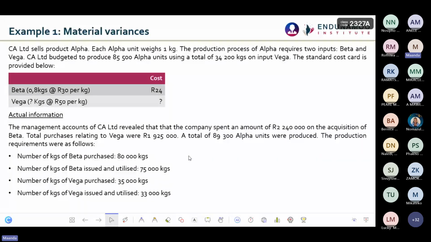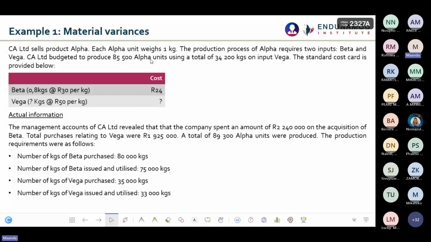All right, so let's go through the scenario. CA Limited sells alpha, that's the product alpha, and each product weighs 1 kg. When I started, I said you need to know your units, because in costing this can be confusing.